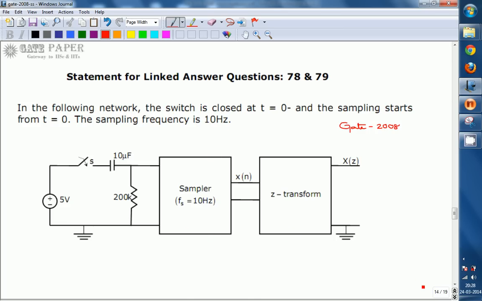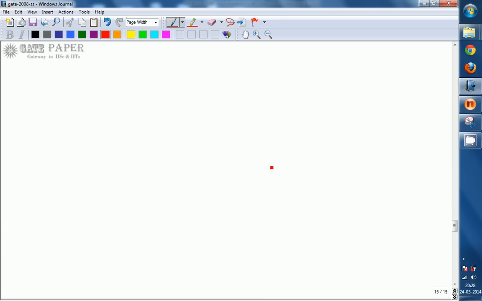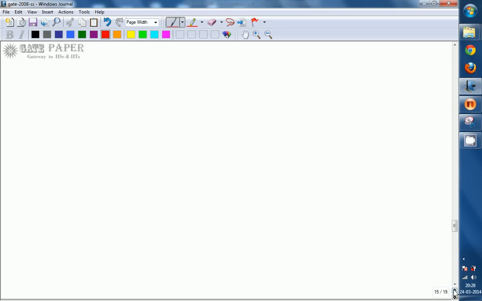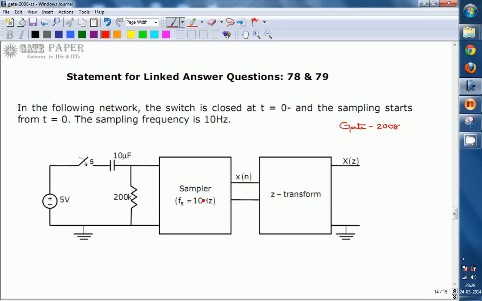We have the question: the samples x of n, that is at n equals 0, 1, 2 and so on, given by... We need to find the output after sampling, that is this block, x of n, and we need to find the X of z after applying the Z transform.